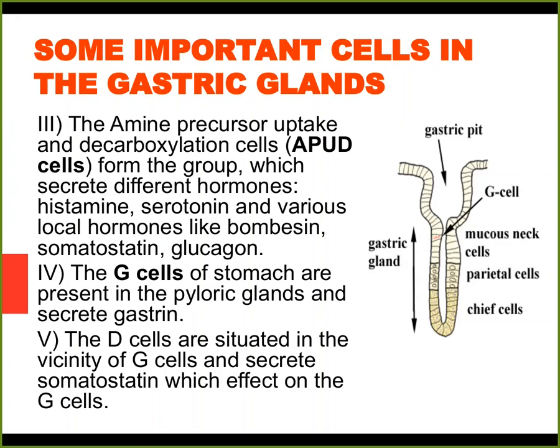That's why one of the functions of the stomach is the endocrine function, taking part in regulation of digestive processes with the help of their own hormones produced by these cells.